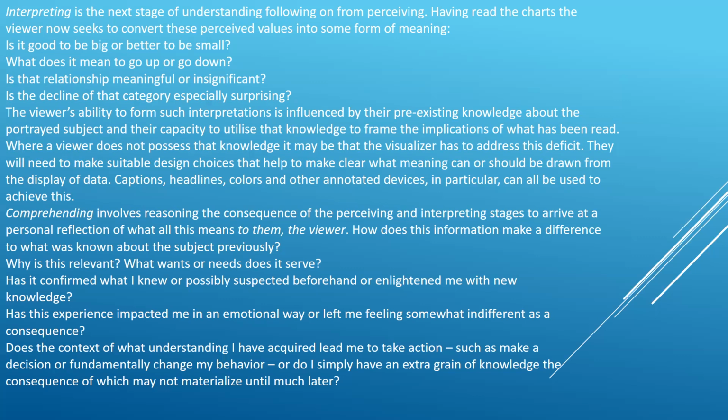If the data is going down, what does that mean? What's the relationship or what's the common phase between all the data? Are they meaningful or are they insignificant? Which means, am I getting something out of this data? Am I understanding, or is it just a random data set? Is the decline of that category especially surprising?